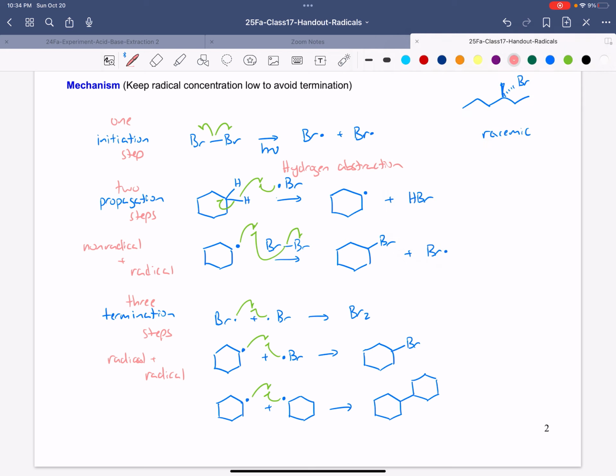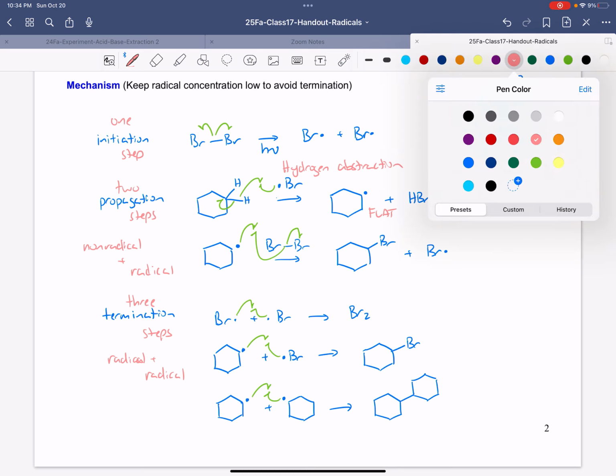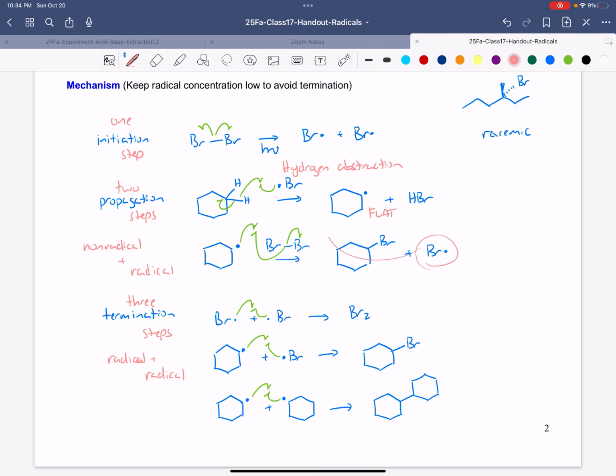We form a radical that is, again, flat, meaning the bromine can come in wedge or dash. In this case, it doesn't matter because this carbon is not chiral. When we form the Br radical down here, it goes back to the beginning of the propagation and starts the process over again. And that's what we want. We want to keep going, keep this alive until all of this is consumed and converted into this.